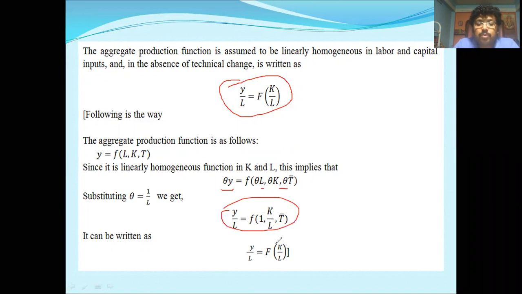This can be written in a very simple way: Y by L is equal to a function of K by L. K by L is nothing but small k, the capital labor ratio.